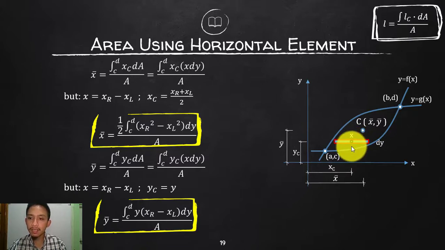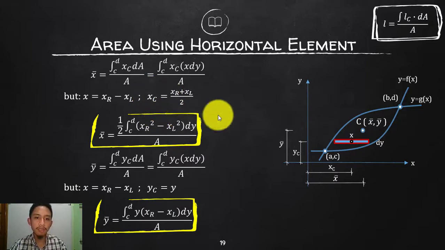So how will I get the centroid of that? That is again from the origin. From this rightmost, that is x sub r, from this leftmost, that is x sub l. So for me to get the between, that is actually the average. So x right, this bigger distance, plus the xl, the smaller distance, divided by 2, you will get the distance of the between point, or the centroid of that strip. So that is your x sub c.